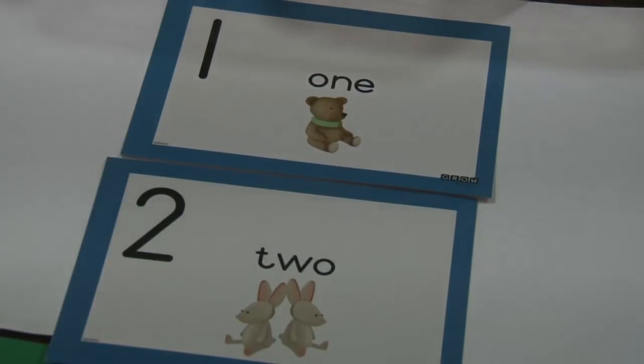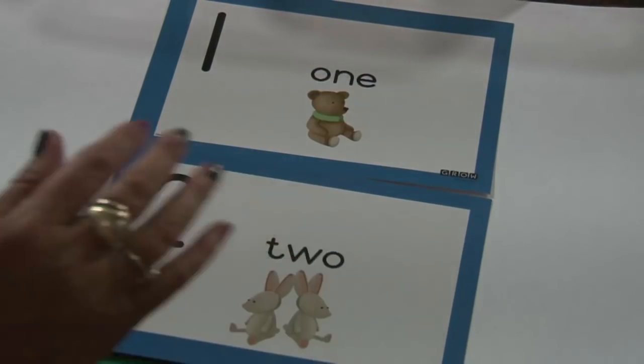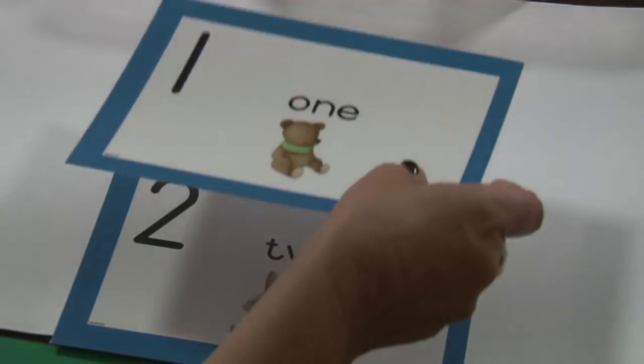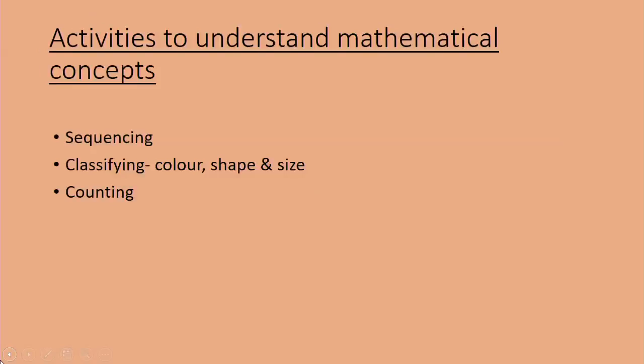Number charts, flashcards of numbers, 1, 2, 3, and so forth. So as a pre-primary and junior primary teacher, I'm expected to always have my things practical. That when it comes to counting. Right, we'll move on.